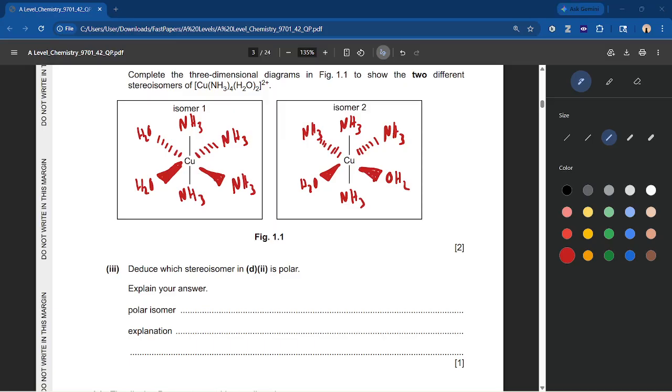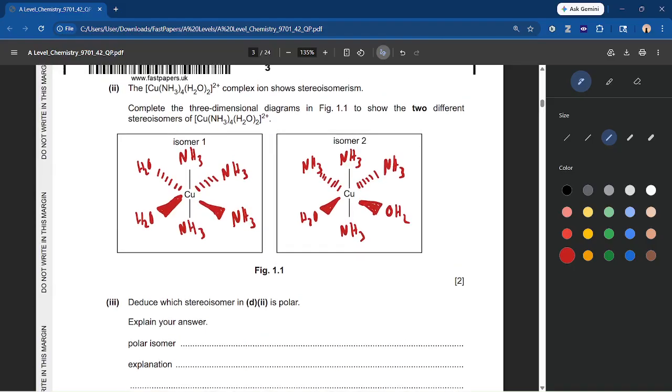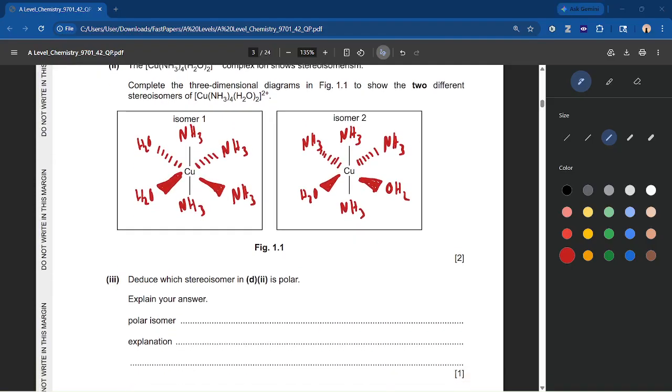So we're going to have to explain and deduce which stereoisomer in D2 is polar, and we'll have to mention which one, and we'll have to explain why.